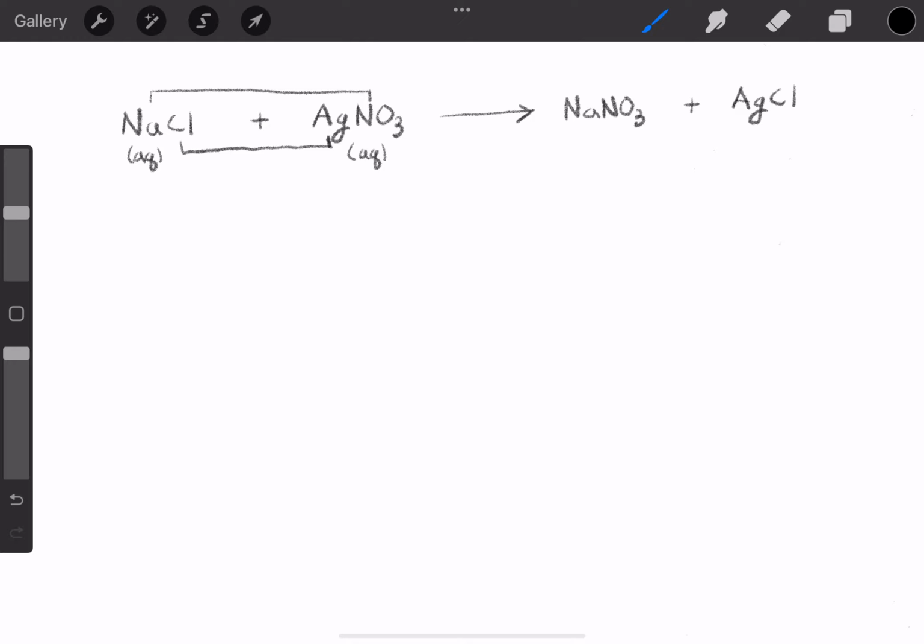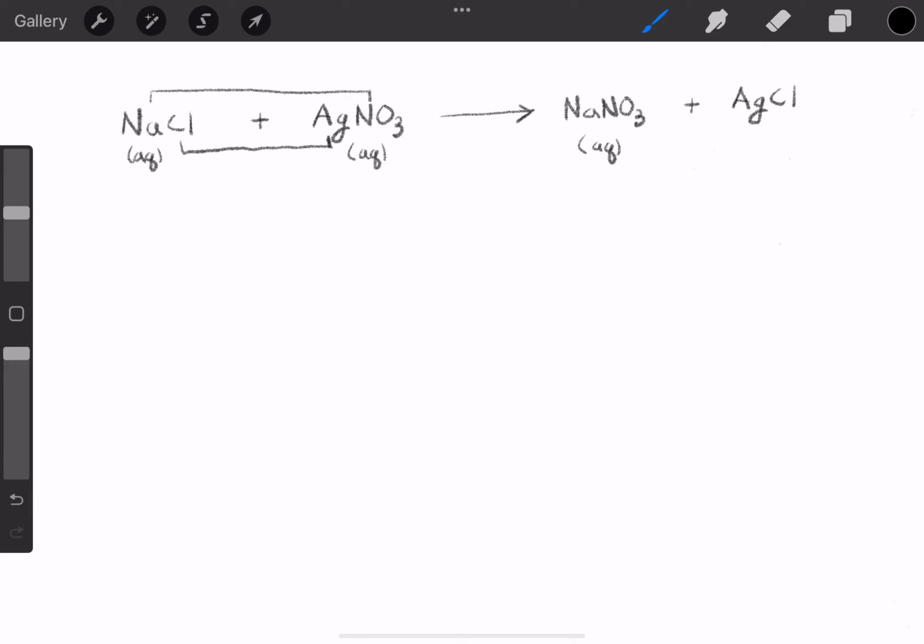So say we have two aqueous solutions, and we're going to mix them both. Okay, and then sodium nitrate will be soluble again because all nitrate salts are pretty much soluble. And then silver chloride here, remember there was an exception in the rule that for chloride salts, the silver is an exception.